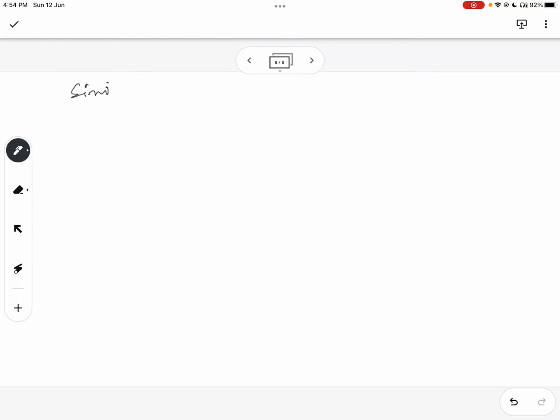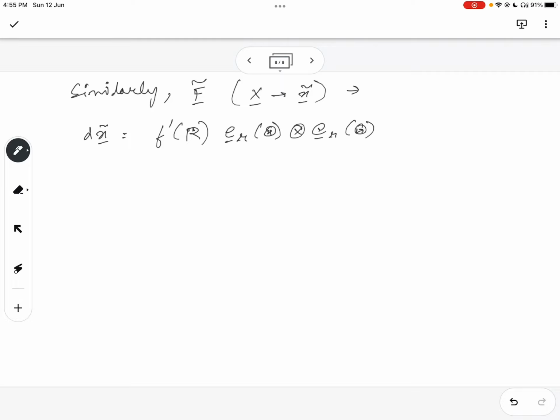Similarly, I won't go into the whole calculation again. F tilde, that is from x to x tilde, can be written as dx tilde is equal to f′r e_r(θ) dyadic e_r(θ) plus λ k̂ dyadic k̂ plus f/r e_θ dyadic e_θ, times dX.